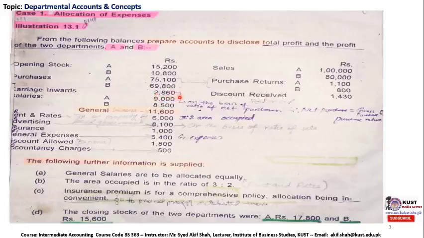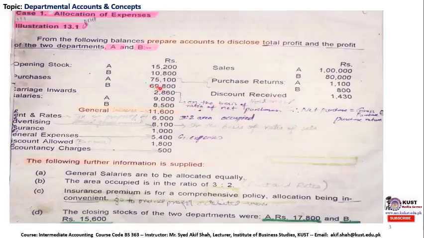2,860, and this is gross data, and there is no proper explanation regarding how much to allocate to department A and how much to department B. So we have to divide this on the basis of the ratio of net purchases.